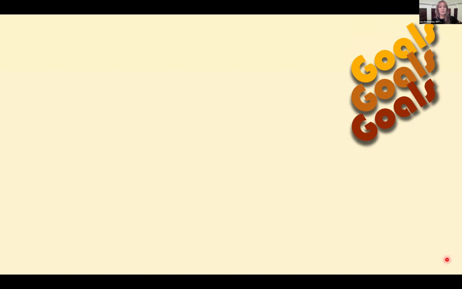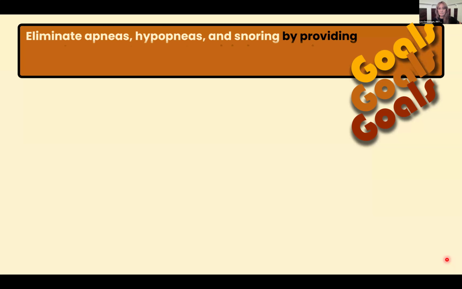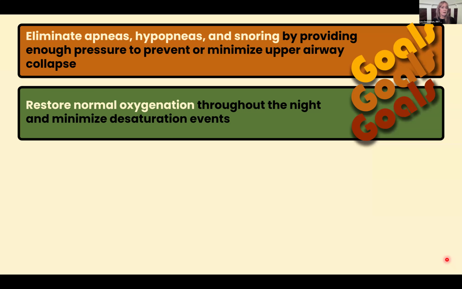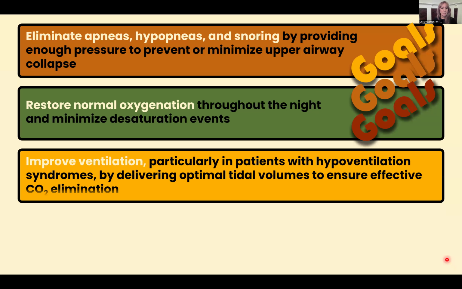So the goals, whenever we're using PAP therapy: we want to eliminate, or at least improve, apneas, hypopneas, and snoring. We want to provide enough pressure to open up that airway and keep it open. We want to restore normal oxygenation, obviously. We want our patients oxygenated well.